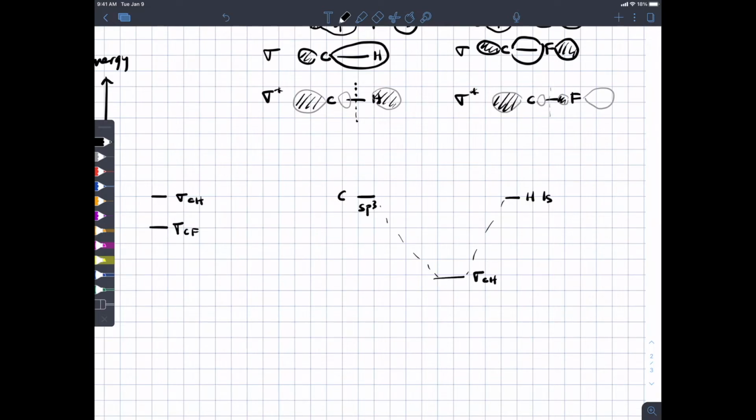But fluorine starts out at a lower energy level. The 2p orbital on fluorine is actually lower in energy than the orbital on hydrogen. Fluorine's more electronegative than hydrogen. So because you start out at a lower point, the bonding orbital you make is going to be lower. Okay?